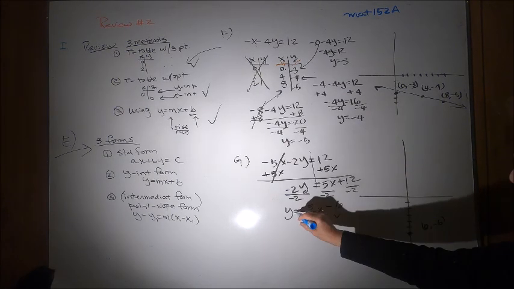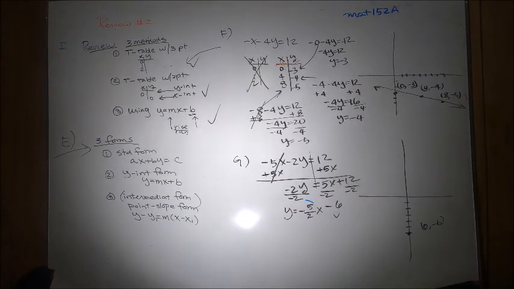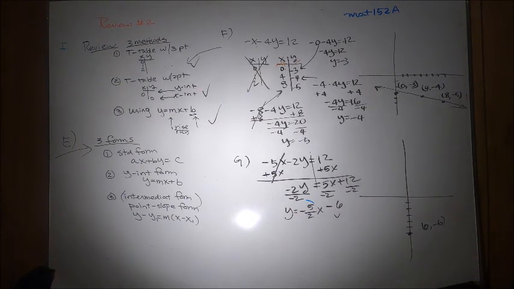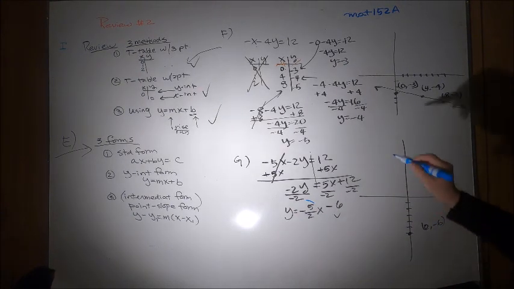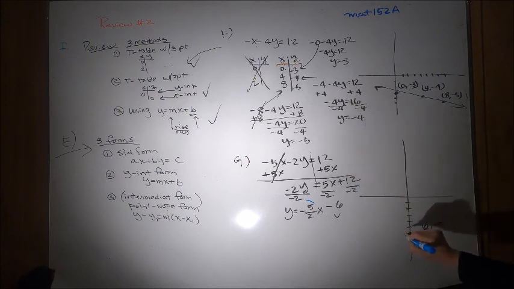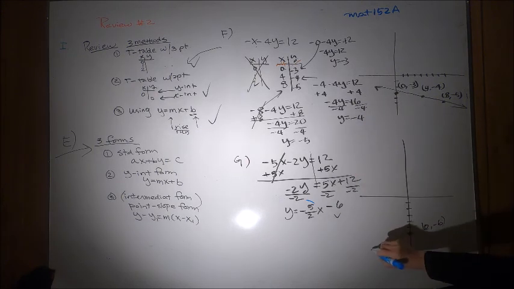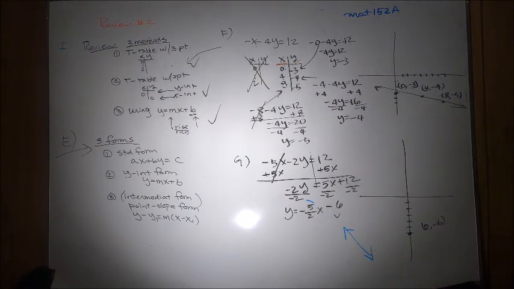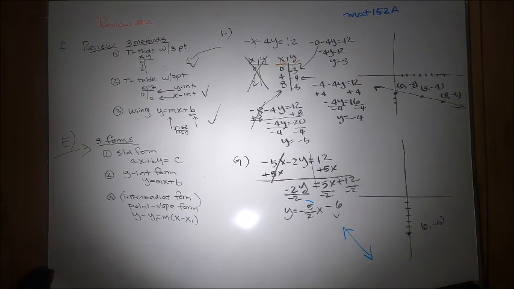The slope is negative. It means what? It goes down, right? So instead of going down too far away, how about we just do the left-hand side? So we know the slope is going down from left to right.